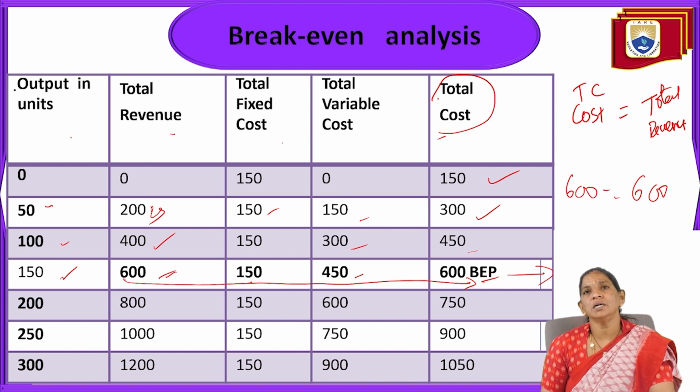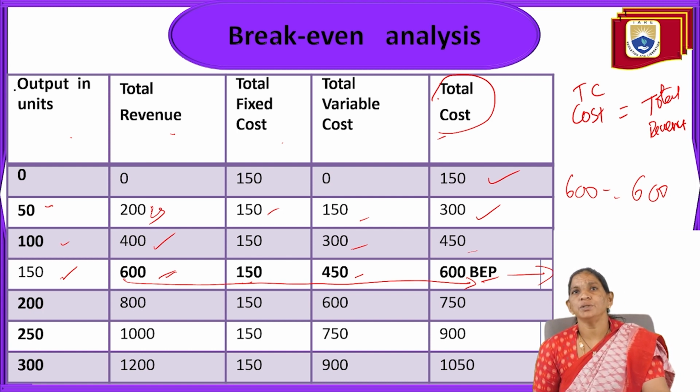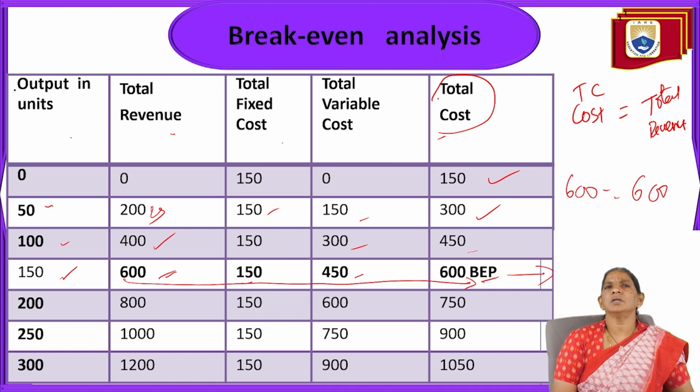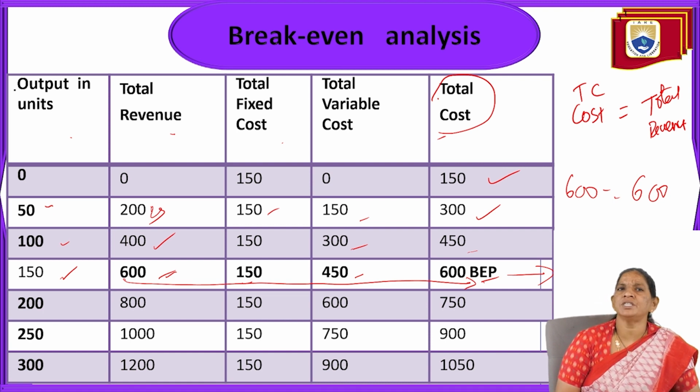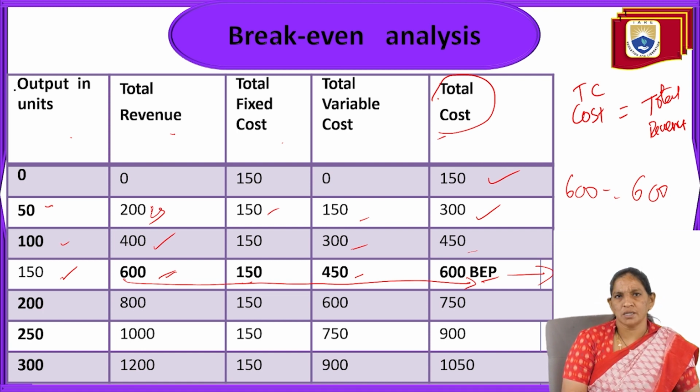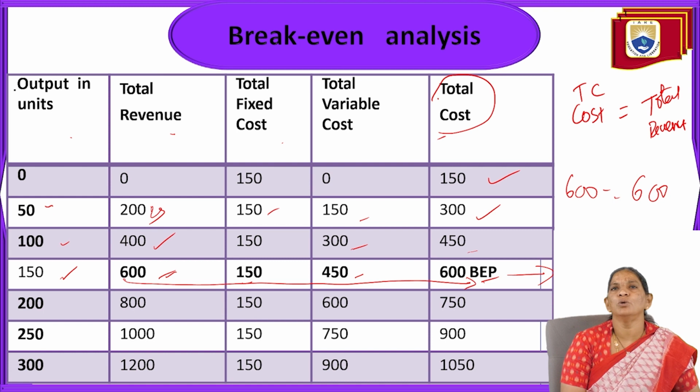So we have said that when we want to find this break even, it is where there is no profit and no loss. Here you can identify that by selling 150 units, the organization incurred a cost of 600 rupees and got revenue from the market of 600, meaning no profit and no loss.